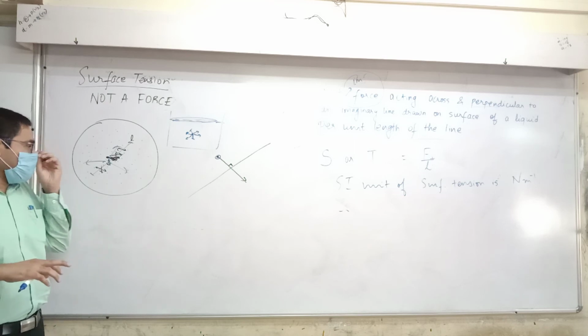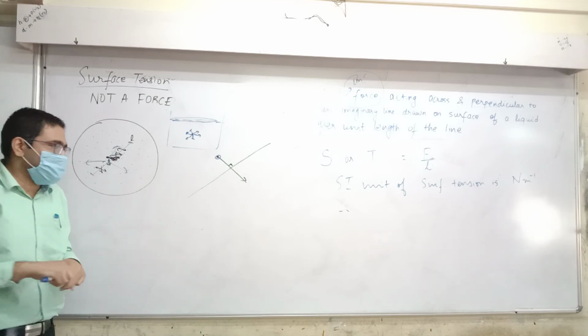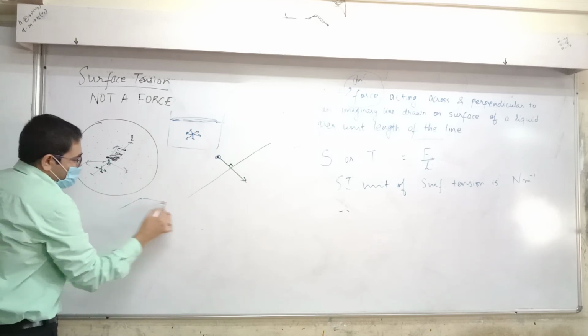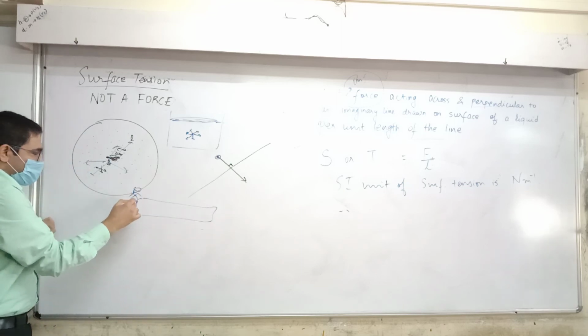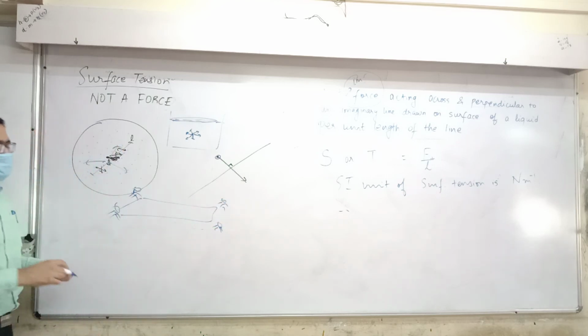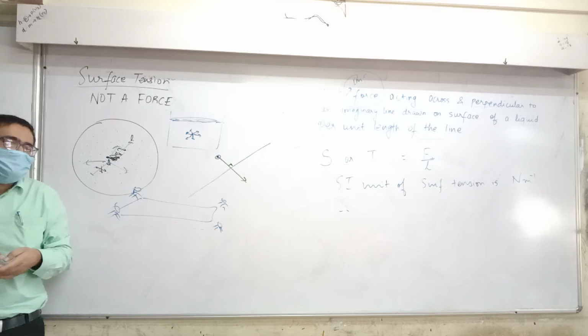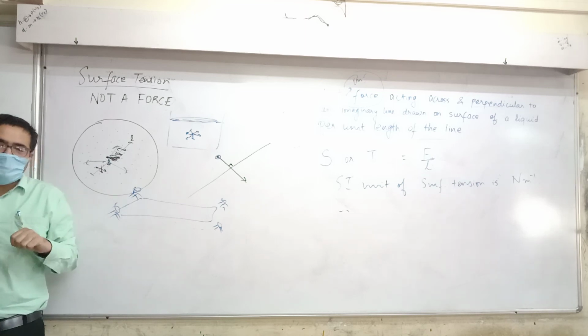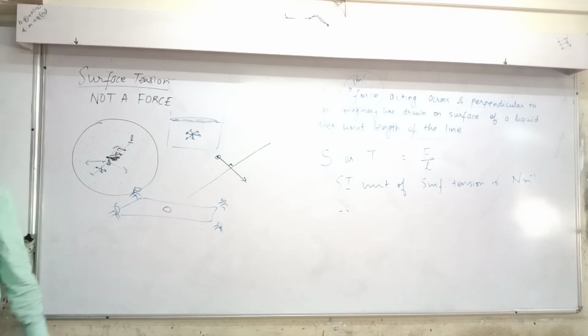Also, one more way to understand how surface tension works, or why we call it surface tension, is as follows. Think of, let's say, a piece of cloth. Four people are holding it from four corners. Big piece of cloth. And you drop a ball in it. What do you think will happen?